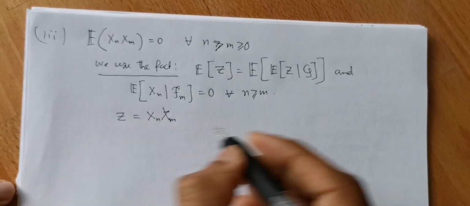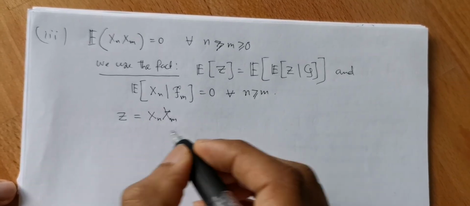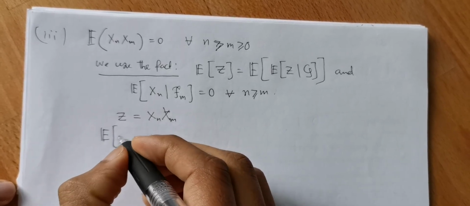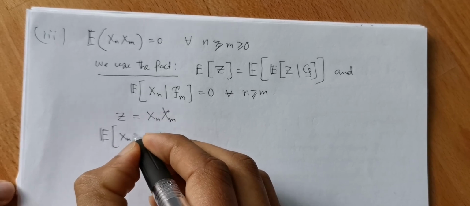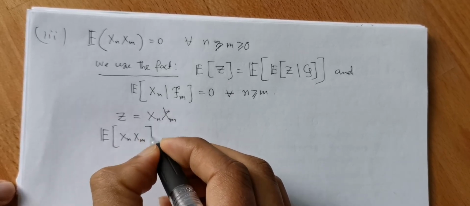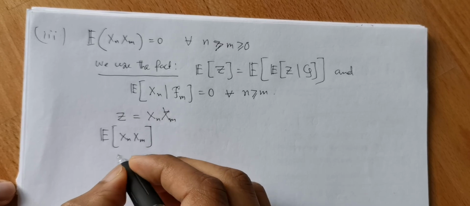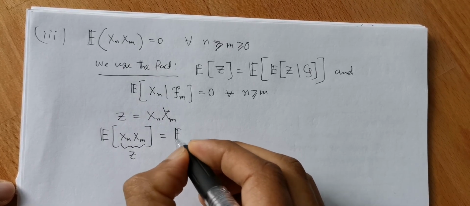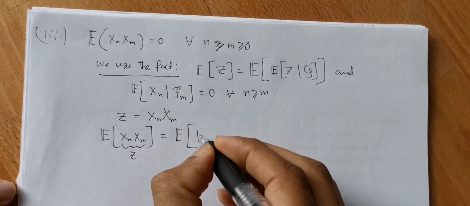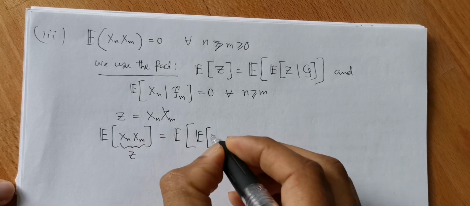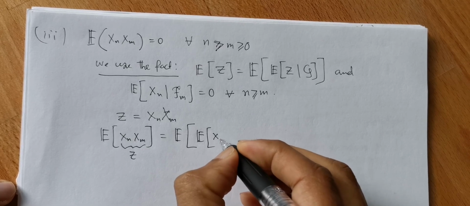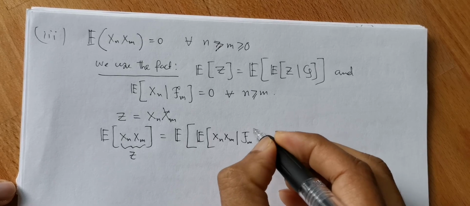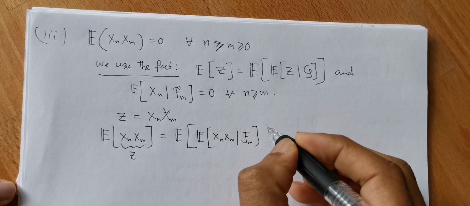Now if you use this fact, the expectation of Xn Xm, so this is our Z, is the expectation of the conditional expectation of Xn Xm given Fm, right?